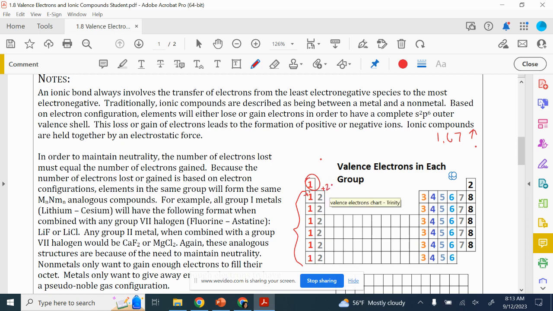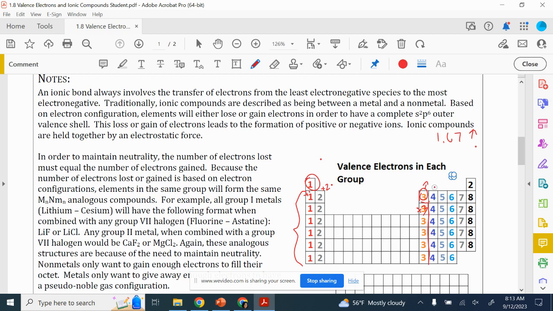Okay? March over here. If we're talking about the non-metals, we only have one, which is just your boron. That guy is going to end up sharing, typically. The rest of these, though, are all metals in this column, and typically they will end up losing 3 electrons, which would give them a +3 charge.